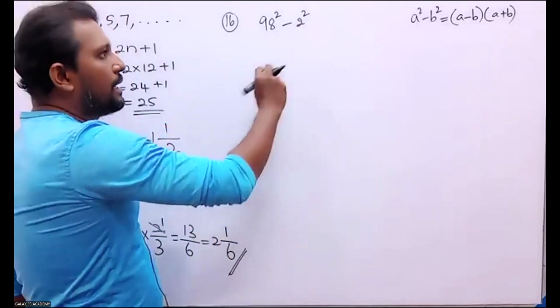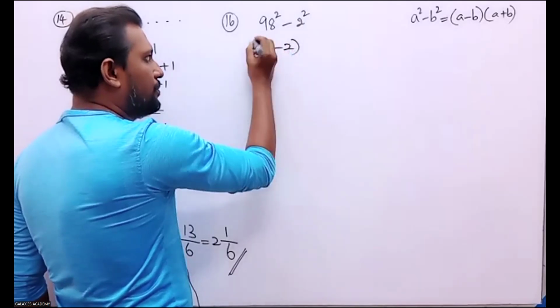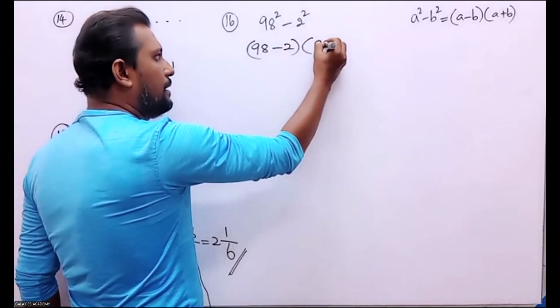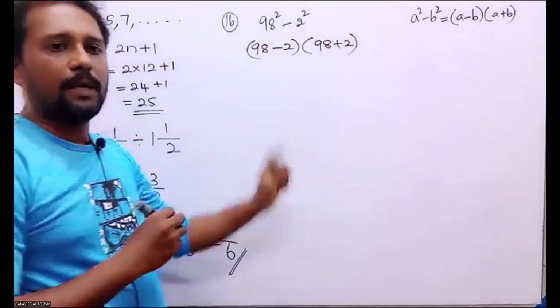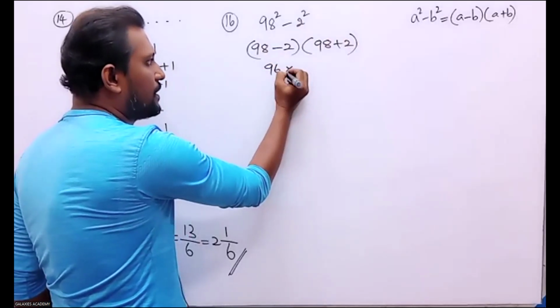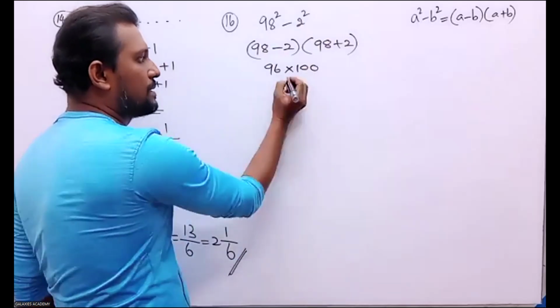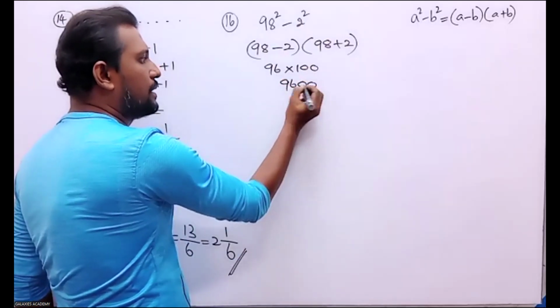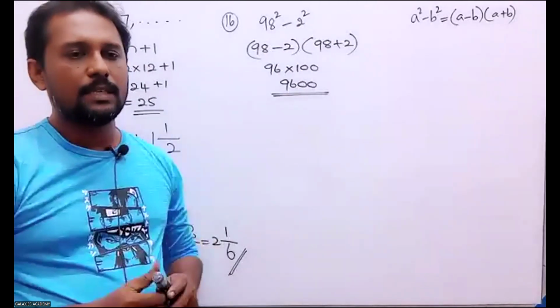So how can you write it? 98 minus 2, 98 plus 2. 98 minus 2, 96. 98 plus 2, 100. So what is the answer? 9600. Right? 9600.